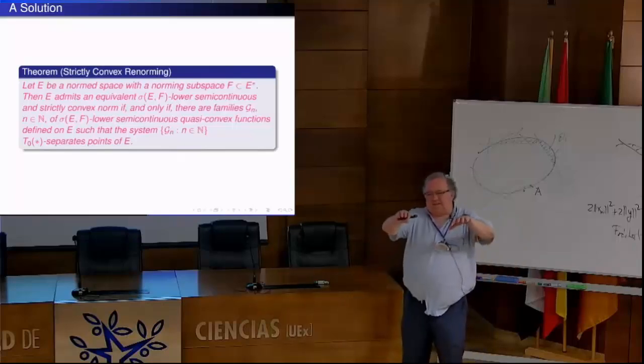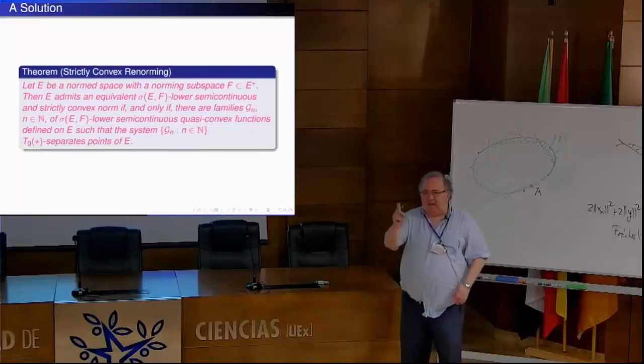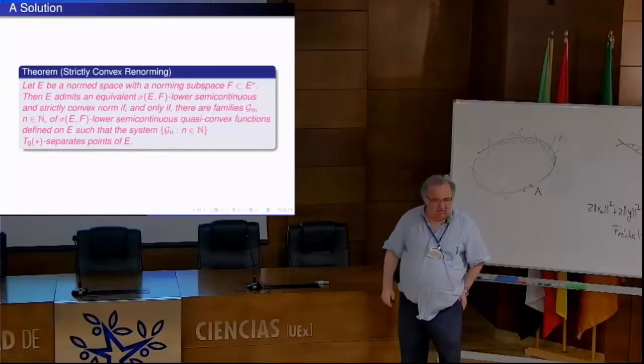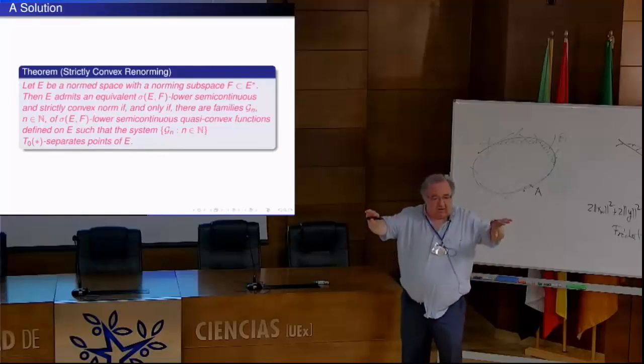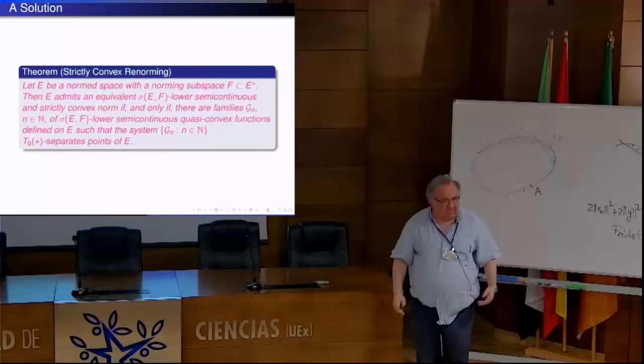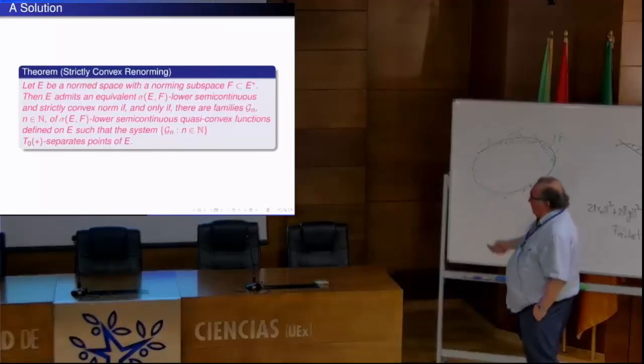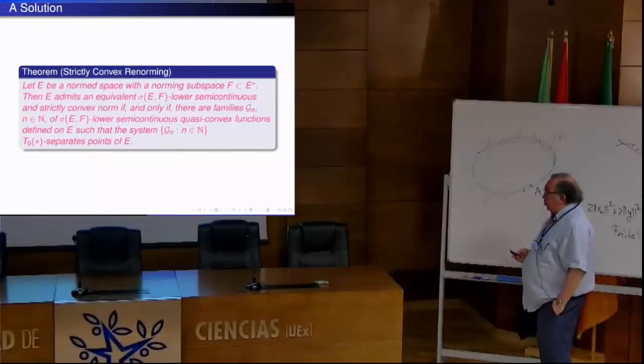Quasi-convex means the set less than or equal to 0 is convex. The truncation of a convex function is a quasi-convex function. But convex is the same. The characterization is the same. This is a solution.